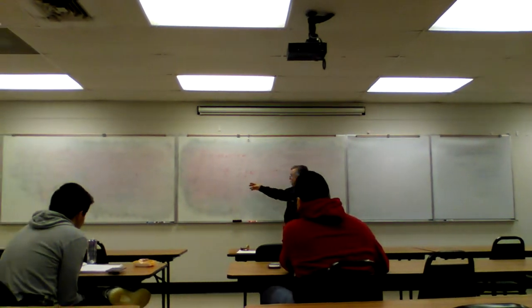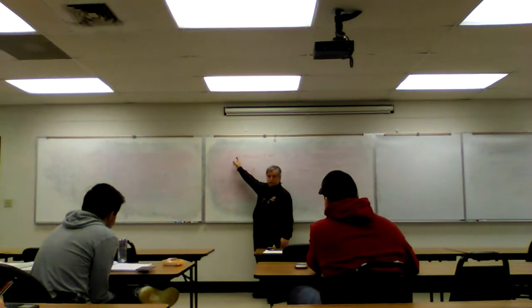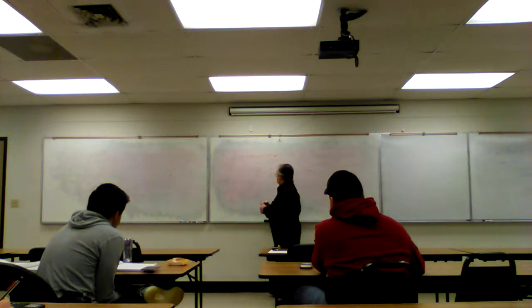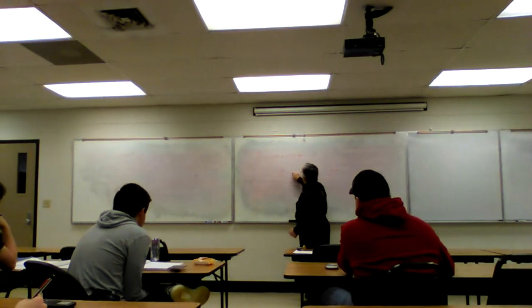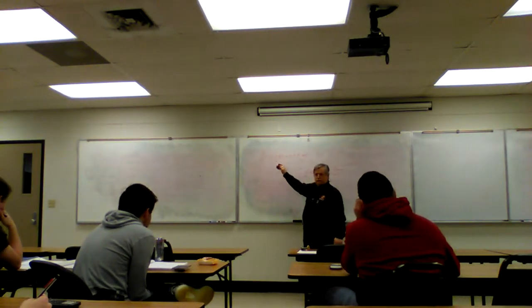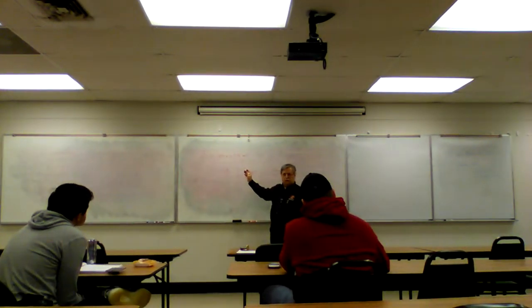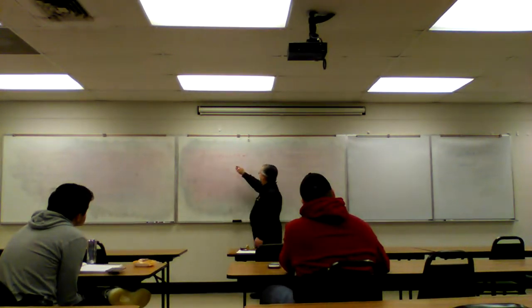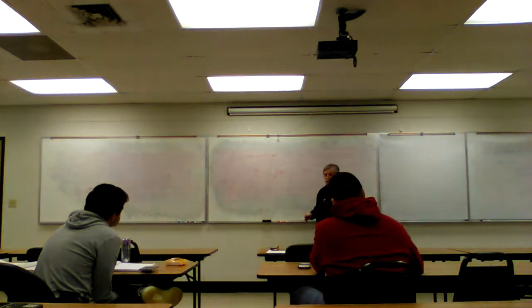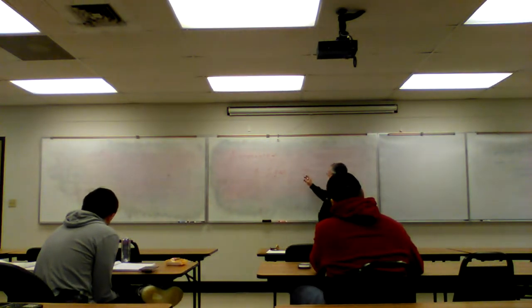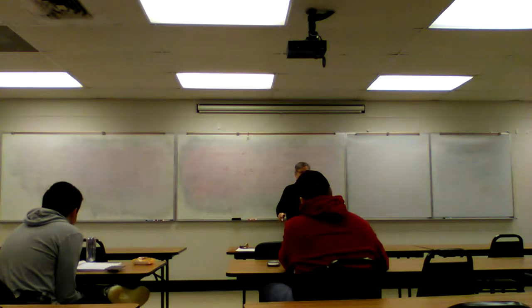In this case, we're already given the total flux. We're given this sum right there. So we don't need to do all of that. We're told that this is equal to the enclosed charge divided by epsilon sub naught.